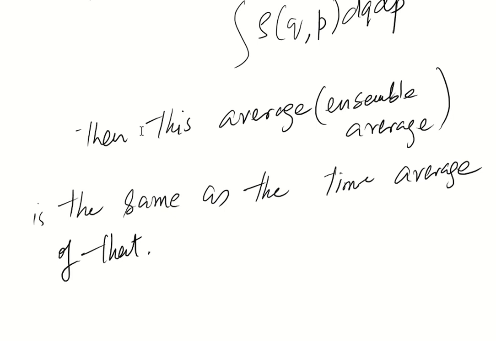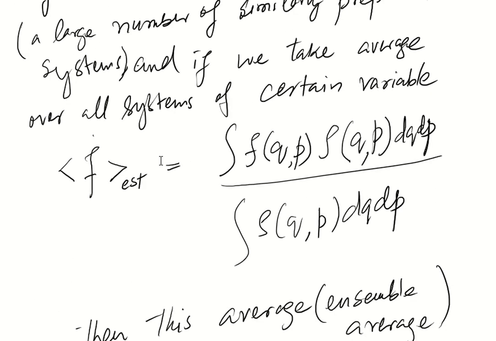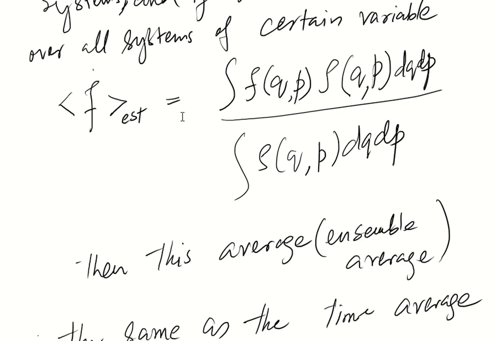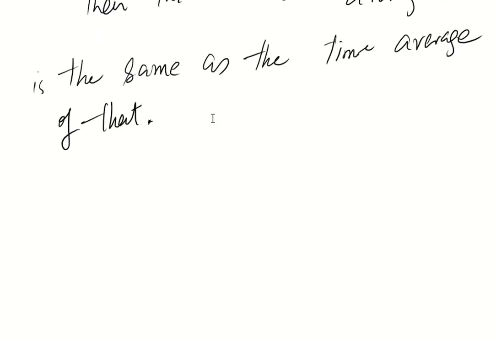So the ergodic hypothesis says that these two kinds of averages are the same. The first average is the ensemble average, the second is the time average, which sometimes we call the lab average.